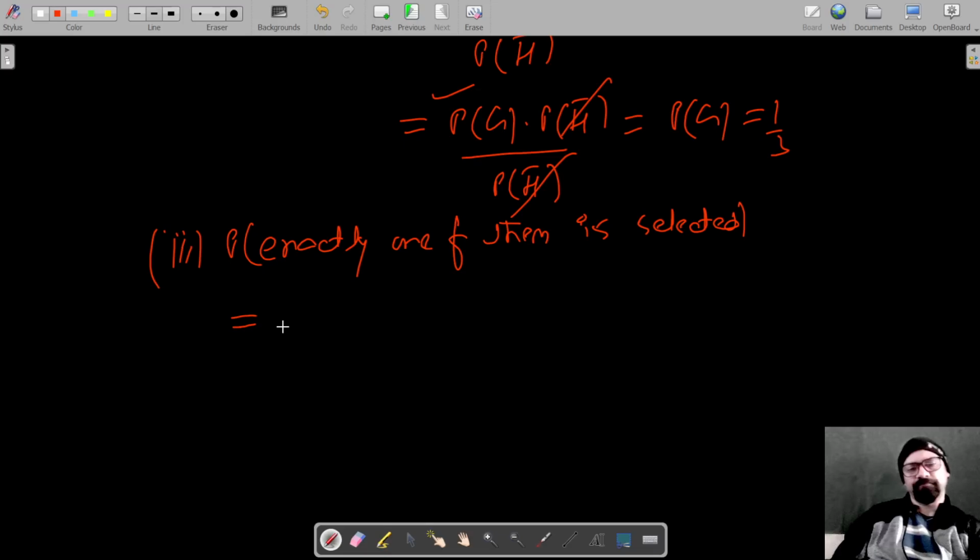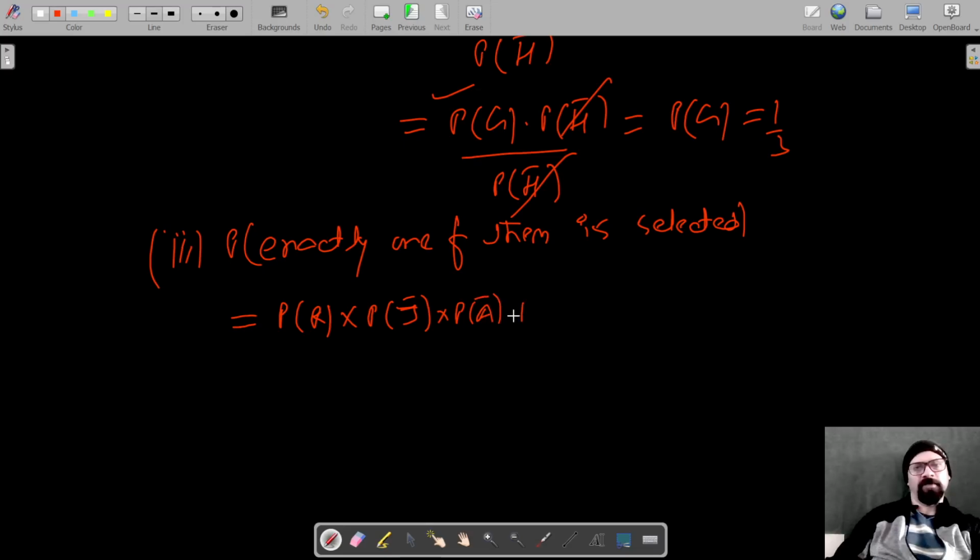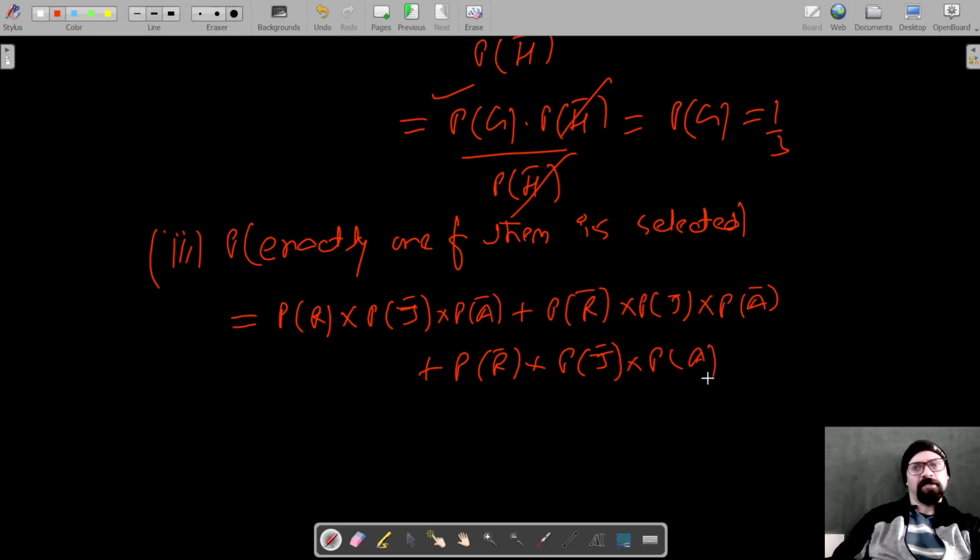So we can write it as Rohit is selected and others are not selected, so Jaspreet is not selected and Alia is also not selected, plus either Rohit is not selected, Jaspreet is selected and Alia is not selected, or Rohit is not selected, Jaspreet is not selected and Alia is selected.